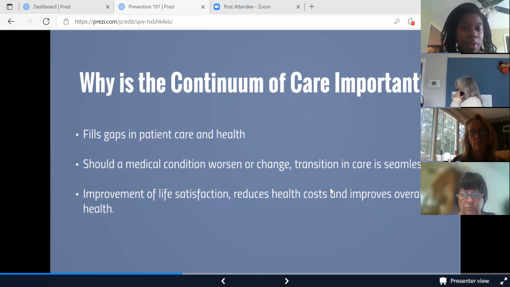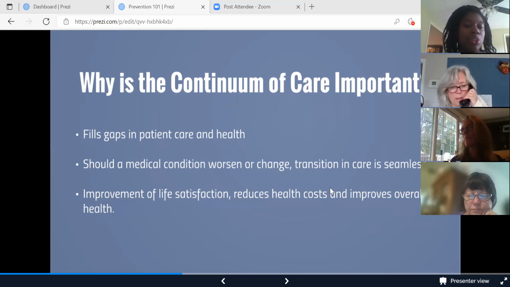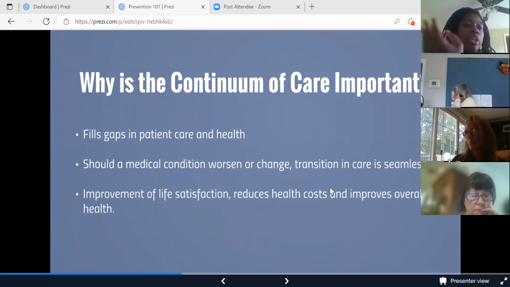So when they begin to go into areas where they need more care and resources, it's a bit seamless for them to transition from one area to the next. That way treatment and care is able to improve the satisfaction of life from one area to the next within the continuum of care. This also reduces health costs and it improves overall health care in general.